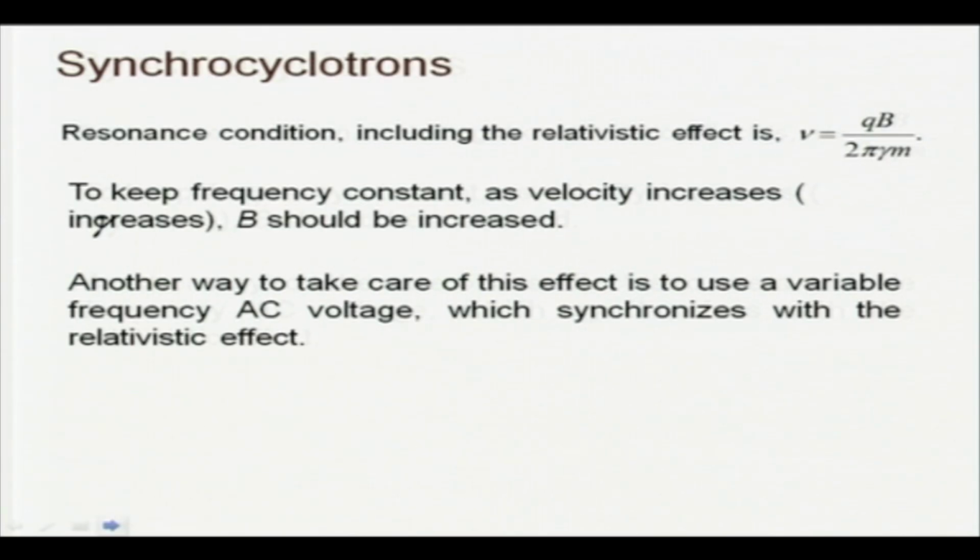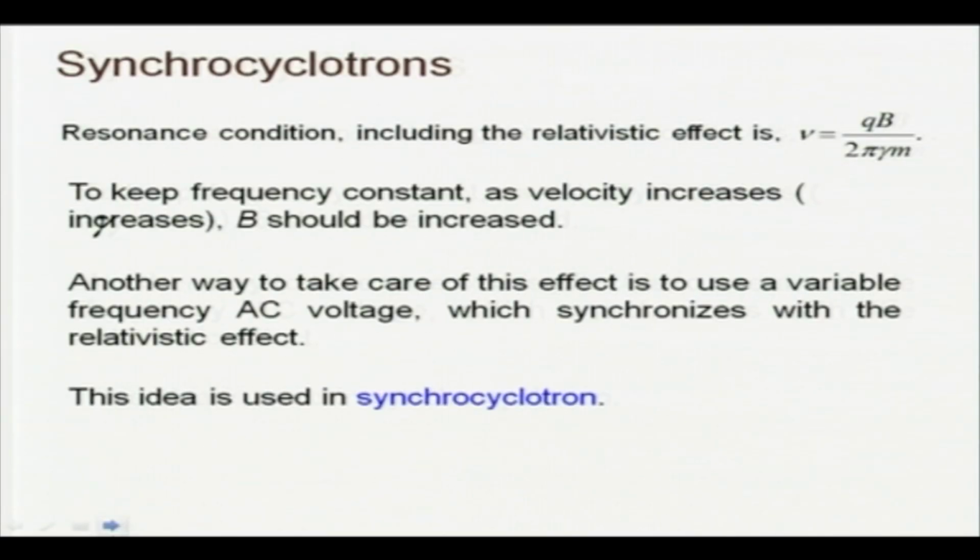As the particle attains larger and larger speed, the resonance frequency nu will decrease if you keep other things constant, and therefore, in synchronizing with this, you can change the applied AC voltage, so that whenever the particle comes out of the D into the gap, there will be a change in the direction of the voltage, and you will again accelerate the particle in whichever direction it enters the gap.